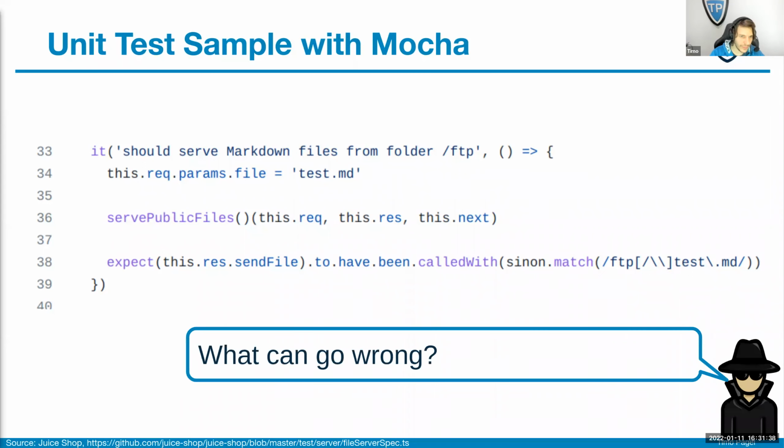And now we come to the question, what can go wrong? So we ask the question and have to think what can go wrong. Maybe you can write a scenario, what can go wrong? What could we test here for? What could be a test for the use case of serving files in a folder called /ftp?